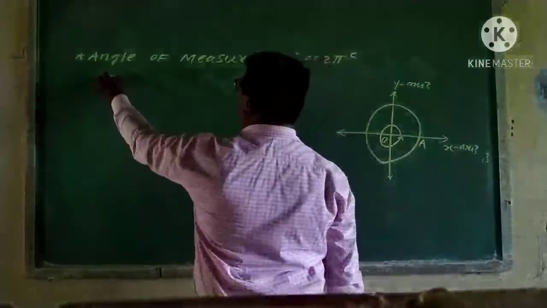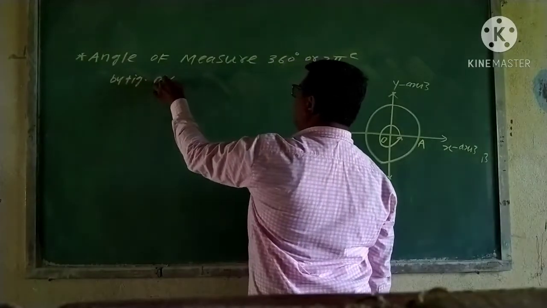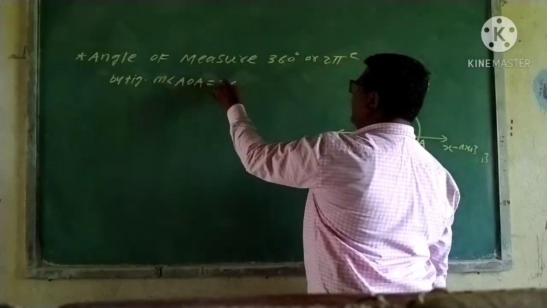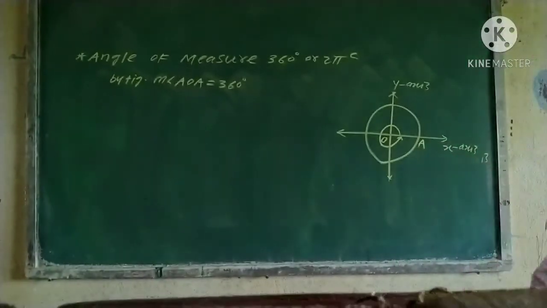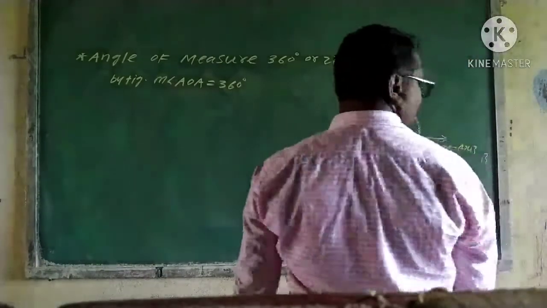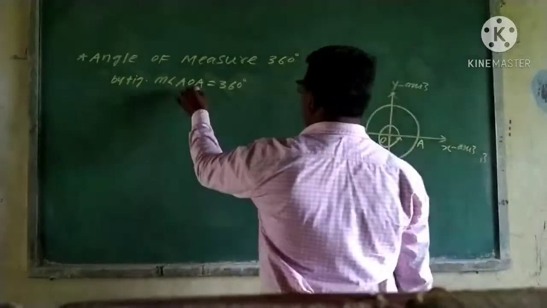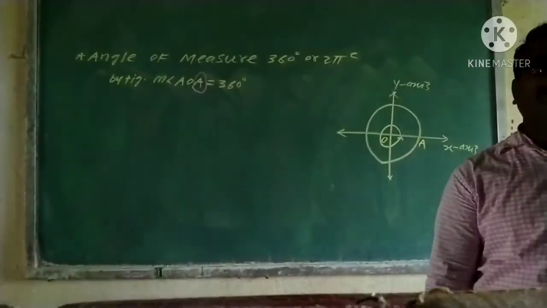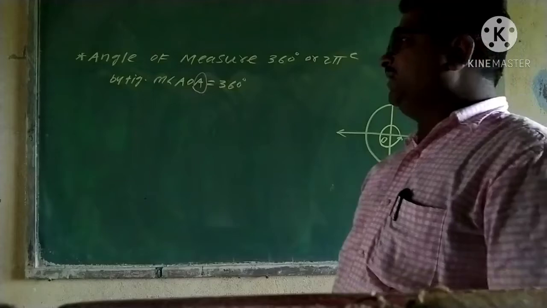Means by figure, the measure of angle AOA equal to 360 degree. Now here we can find the coordinates of the point A, because OA, which is the initial ray, is also the terminal ray.